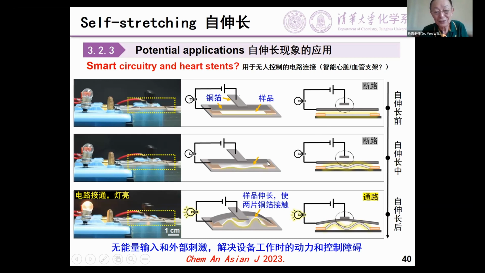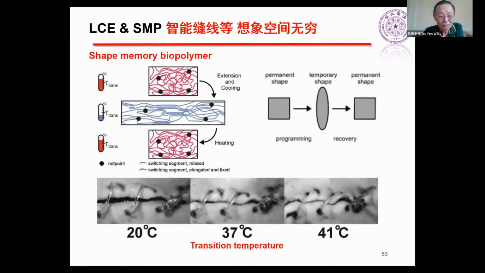It also automatically disengages this circuitry, right? The buckling happens, the circuitry is closed. All right, that's one simple application. And then we're thinking about inserting them into the blood vessel or surgery stents. Maybe we'll get some fun results.